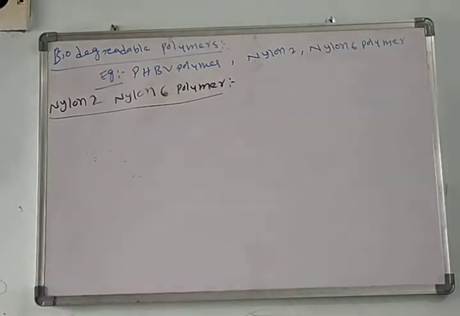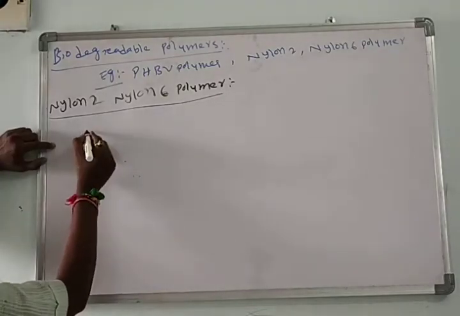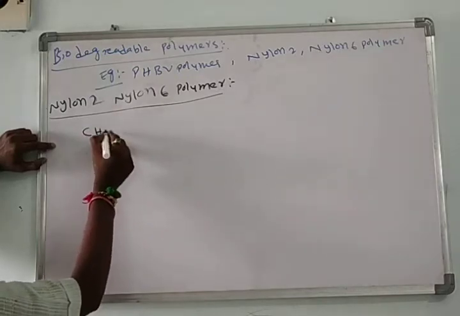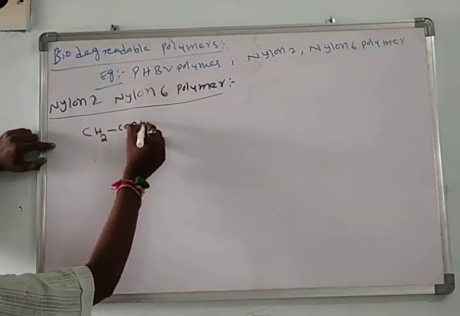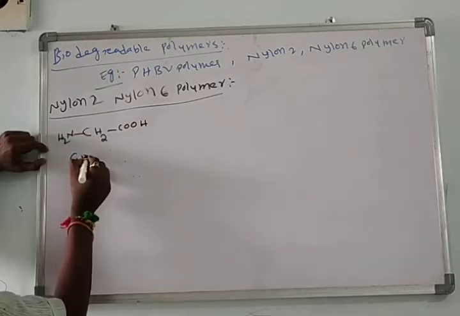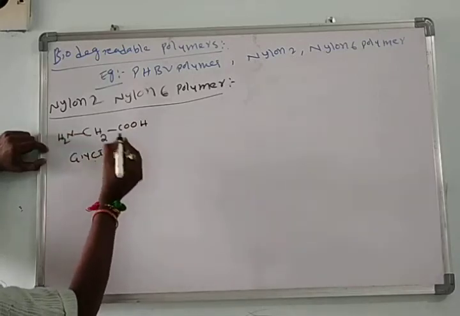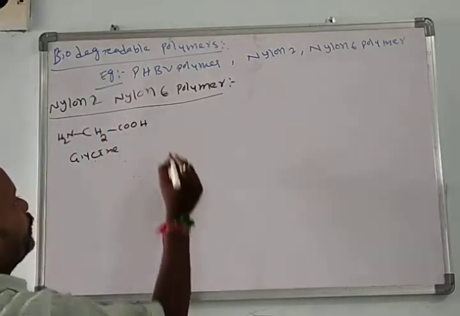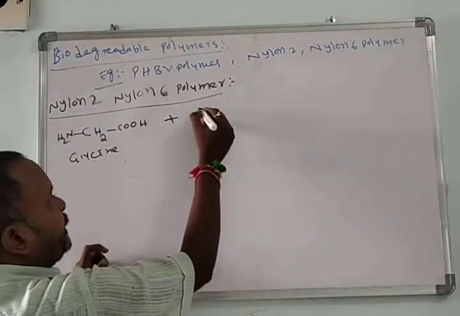We'll see in continuation. Here I am taking glycine, which contains a peptide bond. This is glycine, with 2 carbons, 1, 2. So we use nylon 2 plus 6.